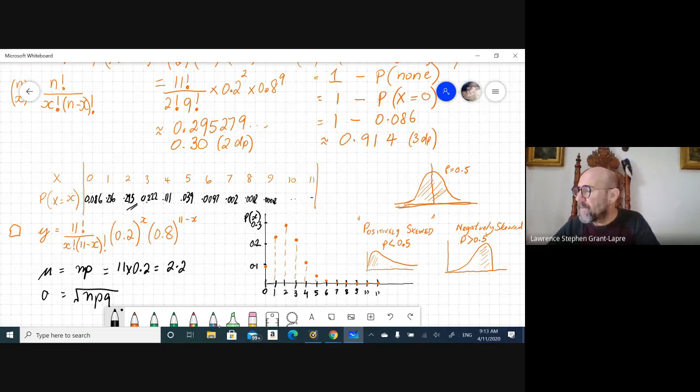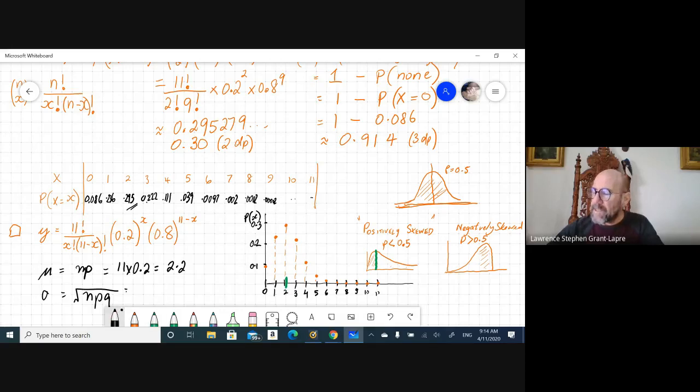Have a look at the highest value here. The average is here, 2.2. You see that's in the position of the peak.